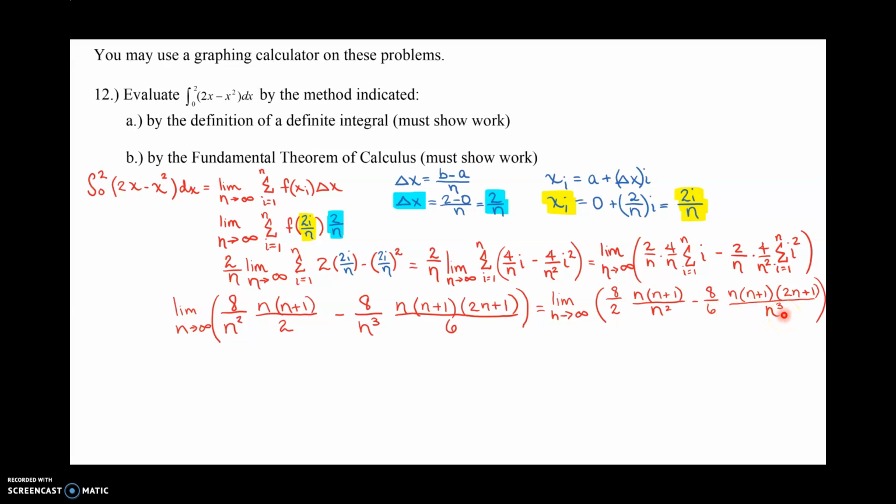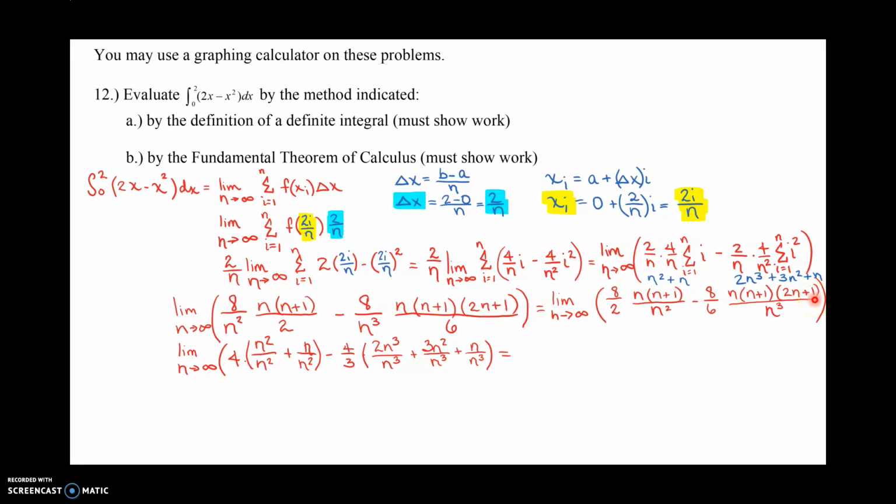So we could do a little bit of simplifying because n times n is going to give us n squared, and then n times 1 is going to give us n. And then over here, we could go through and say n times 2n is 2n squared, n times 1 is 1n, 1 times 2n is 2n, and 1 times 1 is 1.